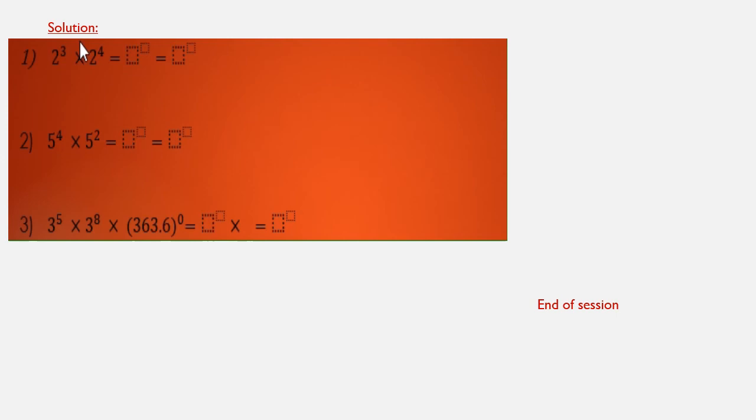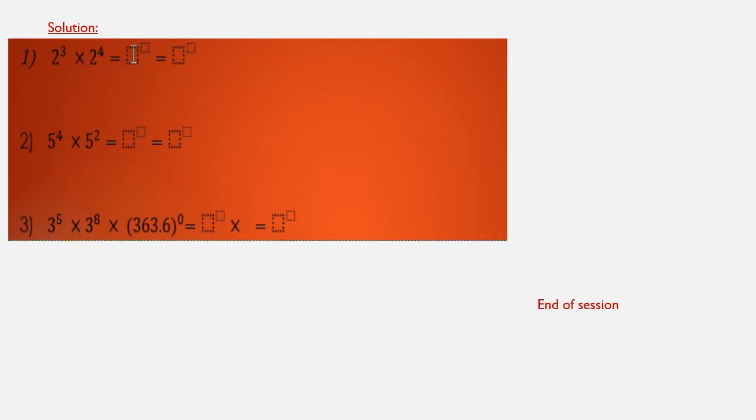The solution is the first part, 2 to the power 3 or 2 cube times 2 to the power 4. Here the two numbers have the same base, the base is 2, but different powers. So applying the rule, we keep the base the same and we add the powers or the exponents.